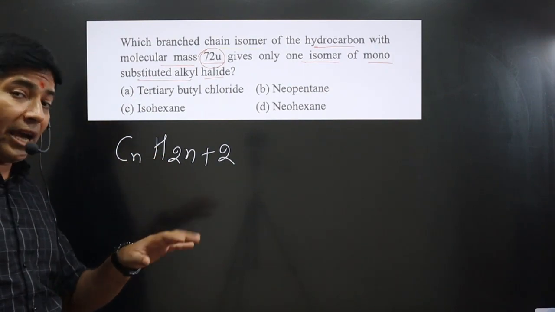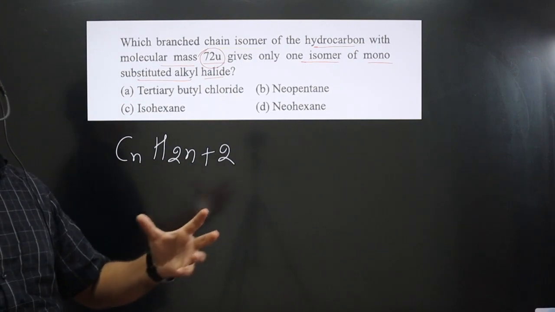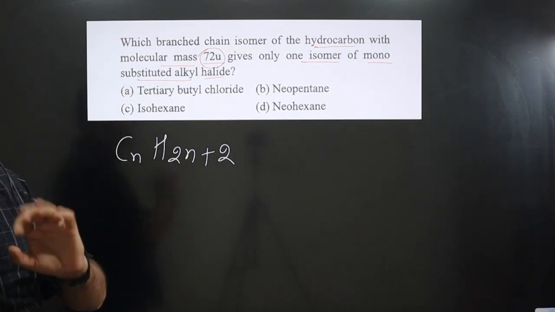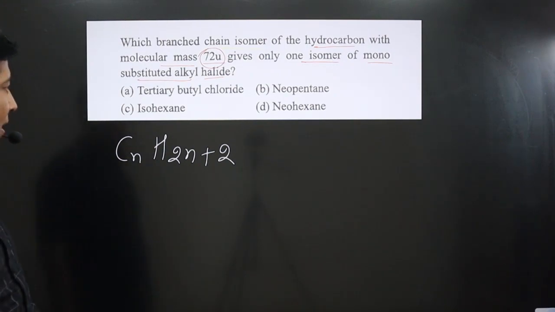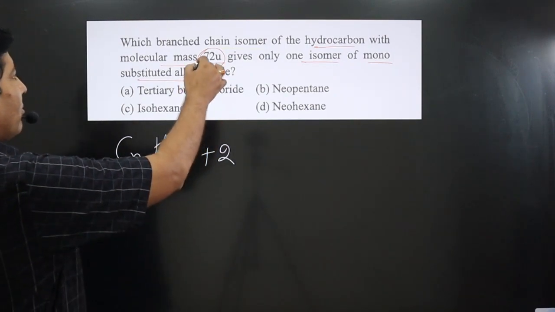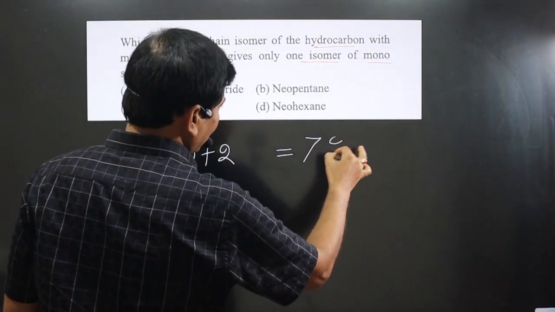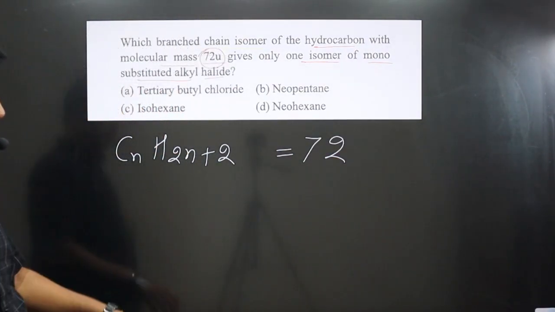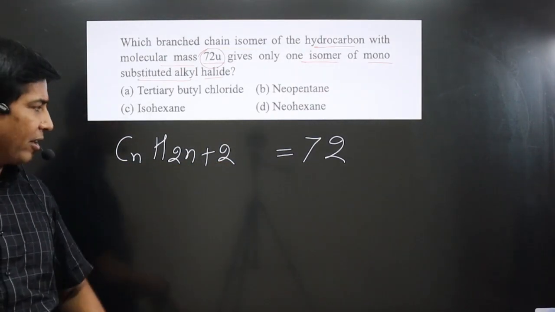If I know the n value, I can determine the chemical formula, meaning how many carbons should be there. The molecular mass is 72, so I put it equal to 72.